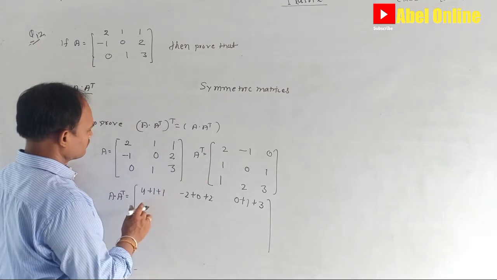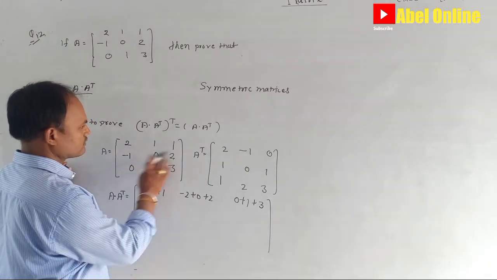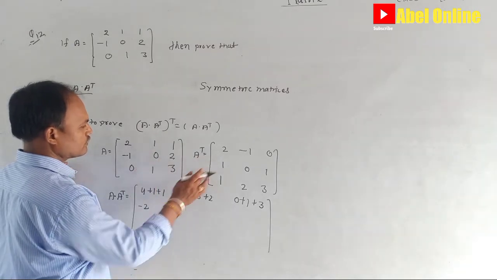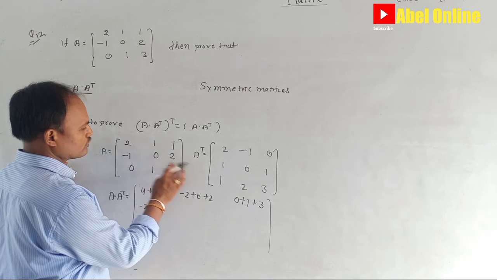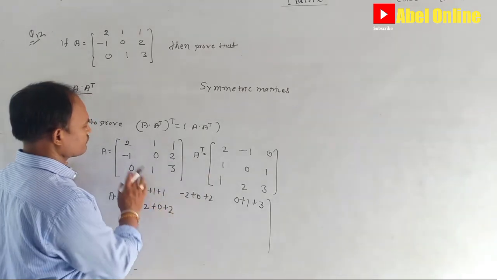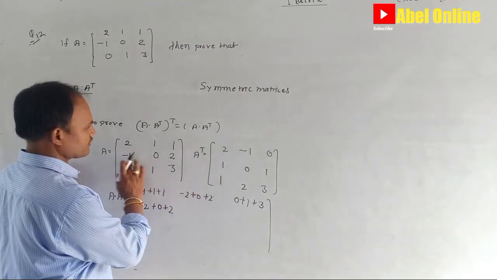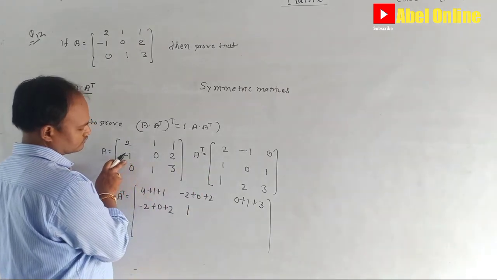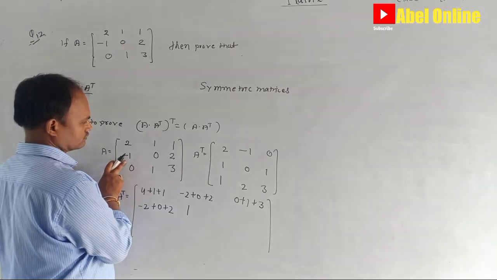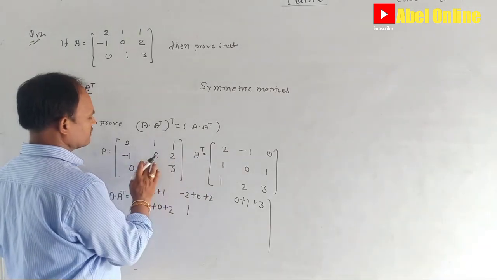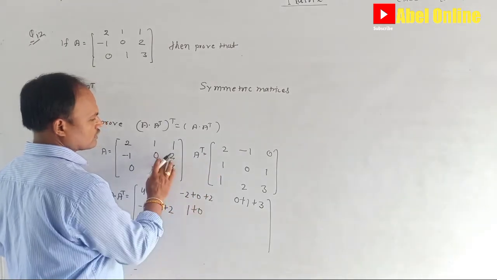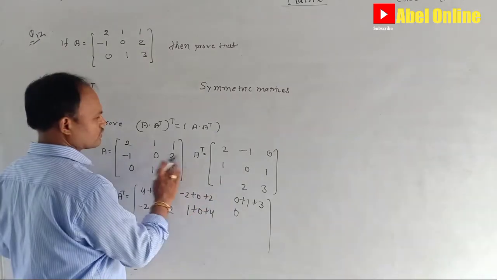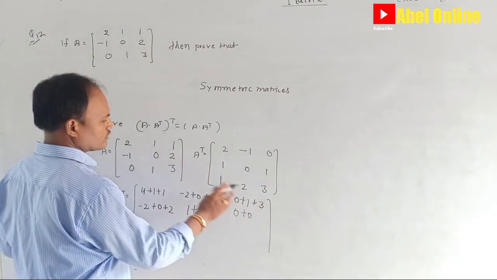Minus 1 into 2 is minus 2. 0 into 1 is 0. 2 into 1 is 2. Minus 1 into minus 1 is 1. 0 into 0 is 0. 2 into 2 is 4. Minus 1 into 0 is 0. 0 into 1 is 0. 2 into 3 is 6.